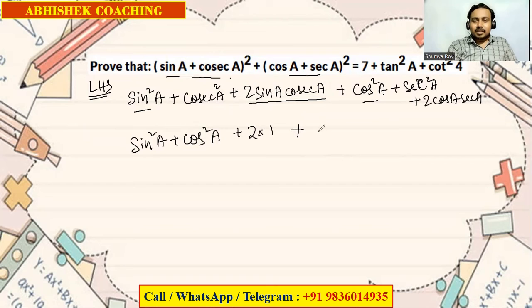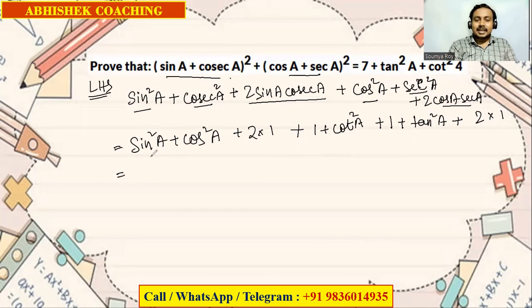Let's take up cosec square a. Cosec square a, we can very easily write 1 plus cot square a. Sec square a, I can very easily write 1 plus tan square a. And you know, cos a into sec a is what? 1, because they're reciprocal of each other, so 2 into 1.